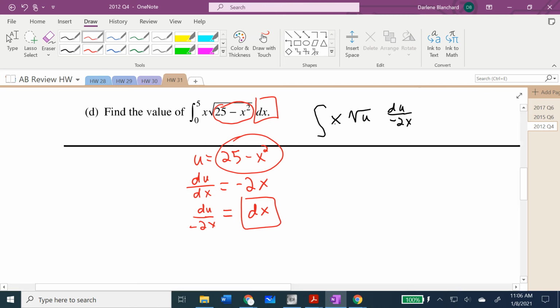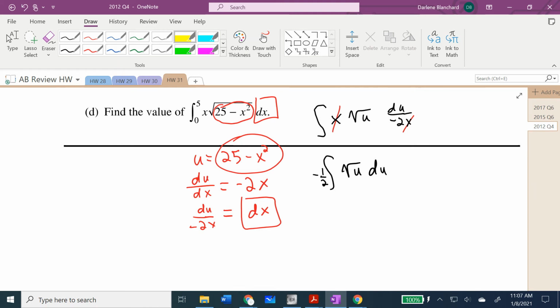Once you have only u's involved, I'm going to bring the negative 1/2 outside the integral. Do not write a 0 and a 5 on there, because that is an incorrect integral.